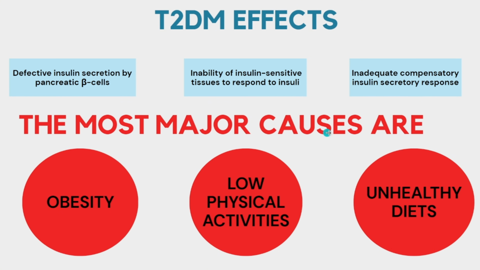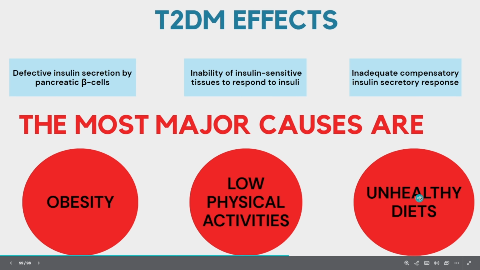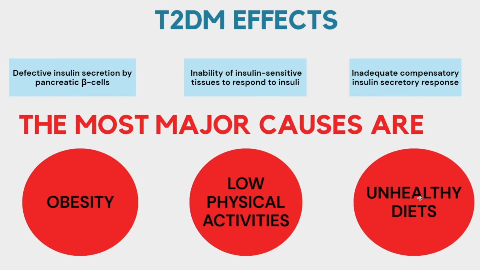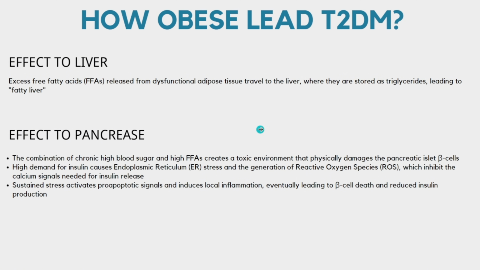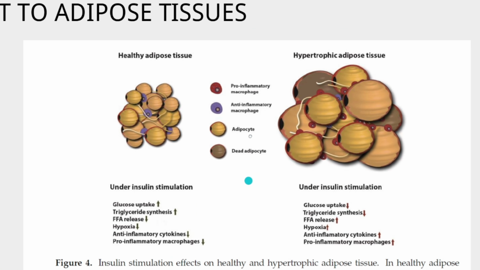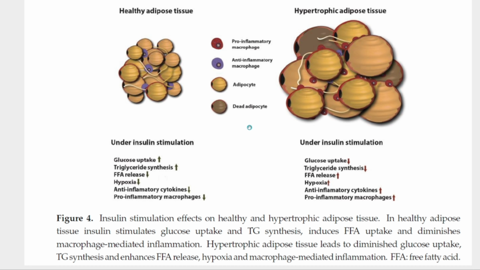So the most major causes, as I mentioned, are obesity, low physical activity, and unhealthy diet. When you are obese, meaning that adipose tissue is very high, you have a high number of adipose tissue.